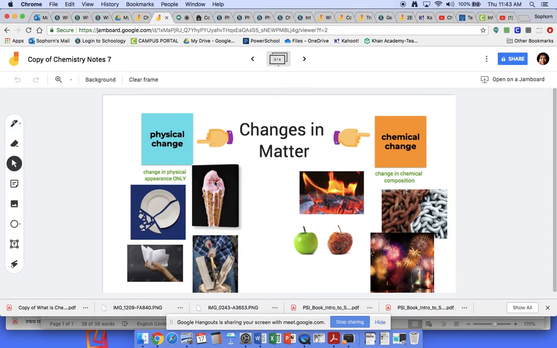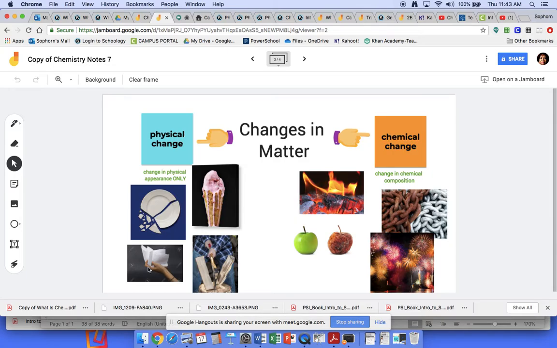And when you eat ice cream on a hot summer day, the ice cream melts. Ice cream still tastes the same, except it's a liquid now. So the composition has not changed. You only change the state, from solid to liquid.